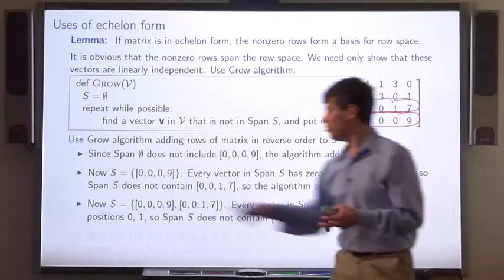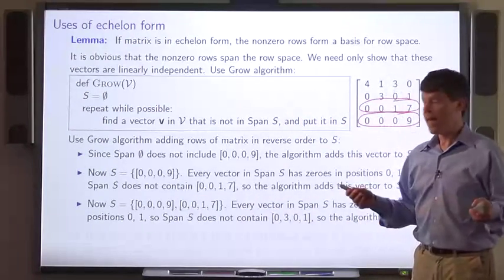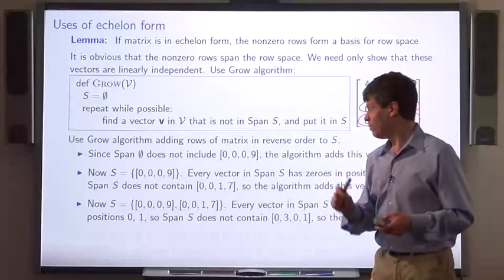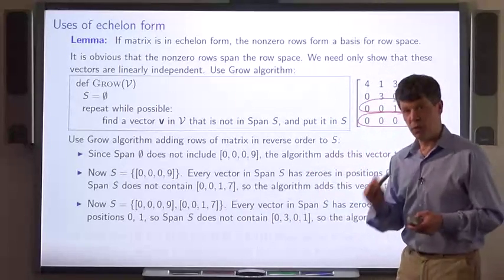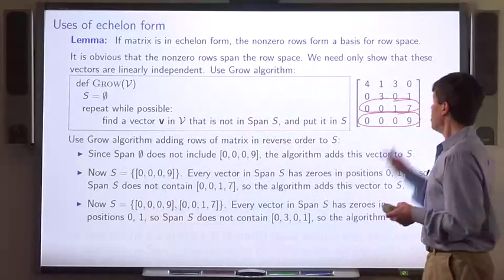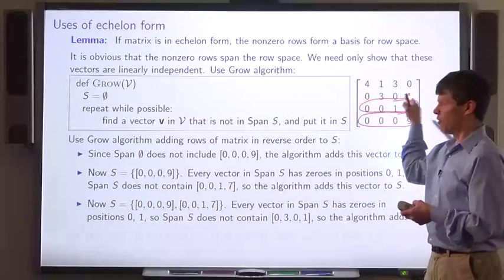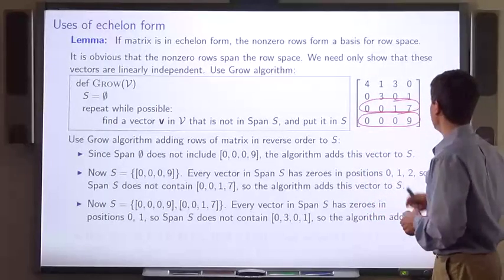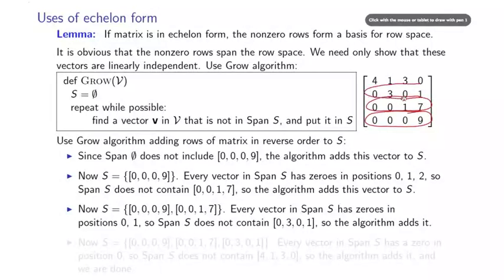Now S consists of these two vectors. Now, still, every vector in span of S has a 0 in positions 0 and 1. So span of S so far does not include this vector. So the GROW algorithm goes ahead and adds that.